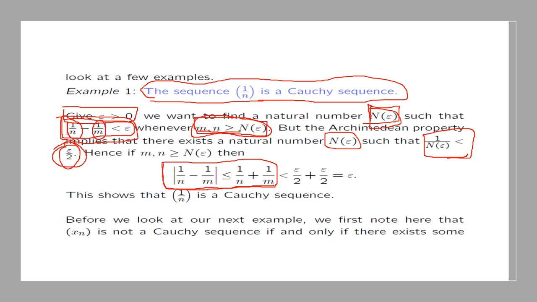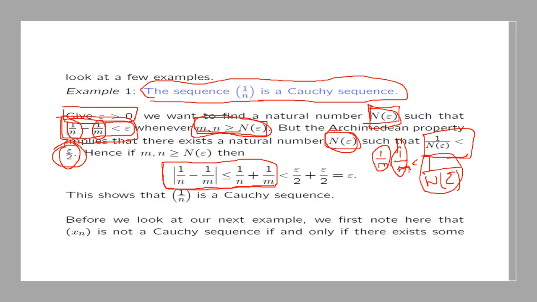So if small n and small m are bigger than N epsilon, then 1 over m and 1 over n, both of these will be less than 1 over N epsilon.